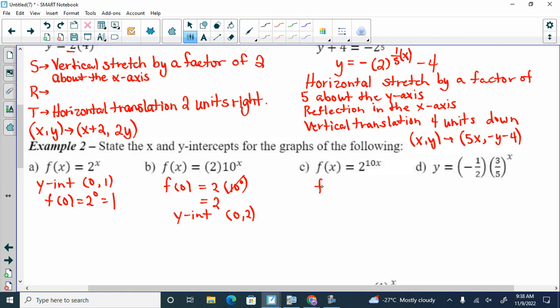This one we have f of 0 equals 2, and then 10 to the 0, which is still 1. And this one I get y equals negative 1/2 times 3/5 to the 0, so it's negative 1/2.